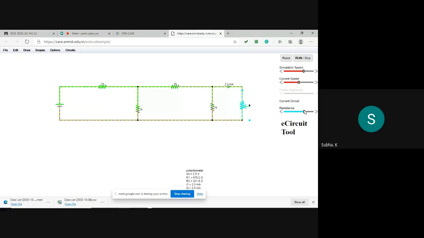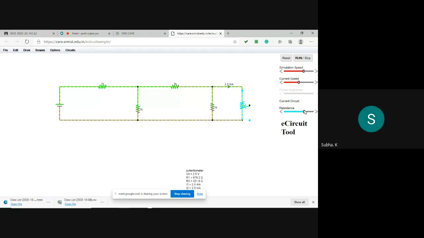To find it manually, you need to know the open circuit voltage and the Thevenin resistance. Ma'am, we have to do V divided by R Thevenin plus 1K, no? Yes, that's the standard formula for calculating IL.